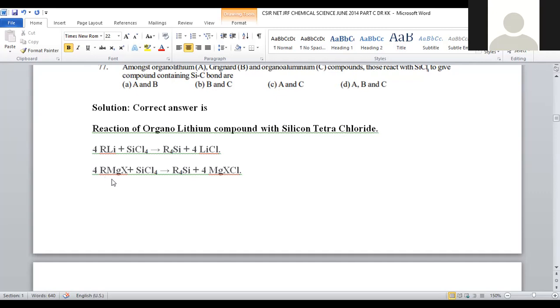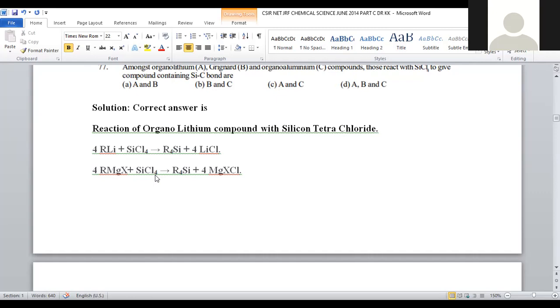Let us go with Grignard reagent. Grignard reagent is nothing but alkyl magnesium halide. Any alkyl group you may take: methyl magnesium chloride, ethyl magnesium bromide, propyl magnesium chloride. In that way, any RMgX. This is a generalized formula.